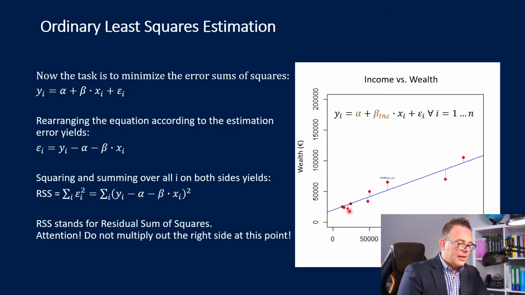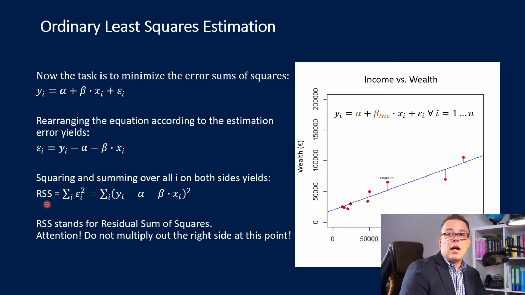Well, since the error term can be positive and negative, we have to find something like an overall error, and we can achieve that by simply squaring those errors, squaring those residuals. And that's where the word comes from, ordinary least squares estimators, because we square those residuals and we minimize them. That's why we speak of least squares.